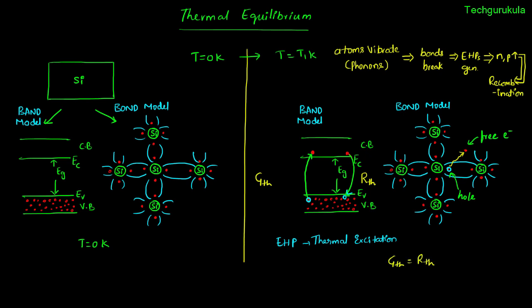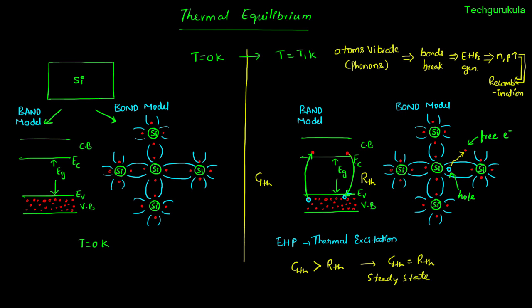Of course, there was a brief transient in which, because the temperature changed, initially the generation rate was present with no recombination rate. As the carriers in the conduction band increase, it gives rise to a recombination rate as time progresses. And for a moment, we'll have a generation rate greater than the recombination rate. But when we reach a steady state, the generation rate and recombination rate should be equal.